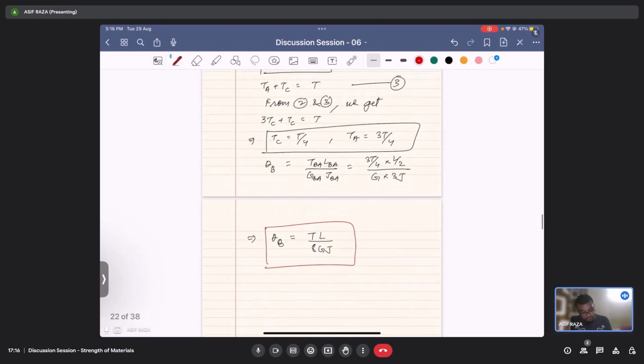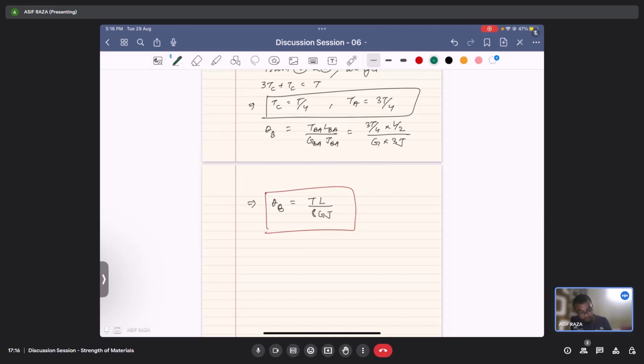Okay, so we can also cross verify the expression of theta B using theta BC, LBC, GBC and JBC. If substituted, TBC is TC, that is T by 4, and this is L by 2, this is G, and this is J. So this also comes out to be TL by 8GJ.